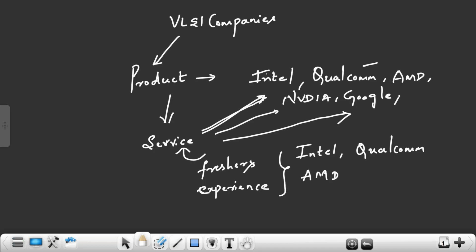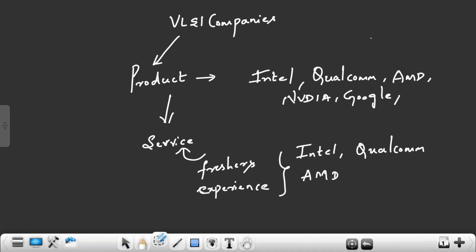But the salary in product-based companies is very high compared to service-based companies. It's straightforward: service-based companies pay less and product-based companies pay a very high salary, and you even have good benefits. But product-based companies will never hire freshers directly from the institutes. They will hire only experienced candidates.